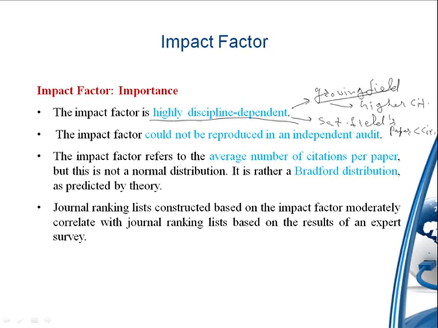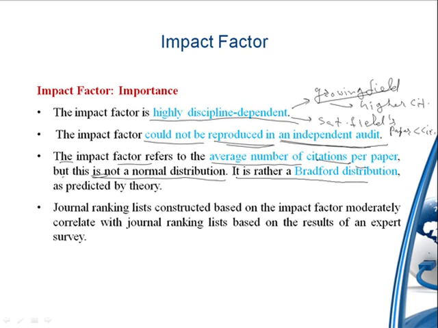Another thing is that the impact factor cannot be reproduced in an independent audit. It always requires some database and some background information about number of citations and period. The impact factor refers to the average number of citations per paper, but this is not a normal distribution.